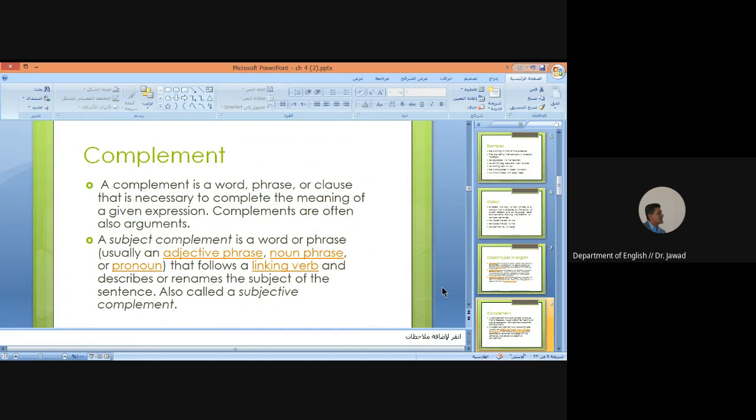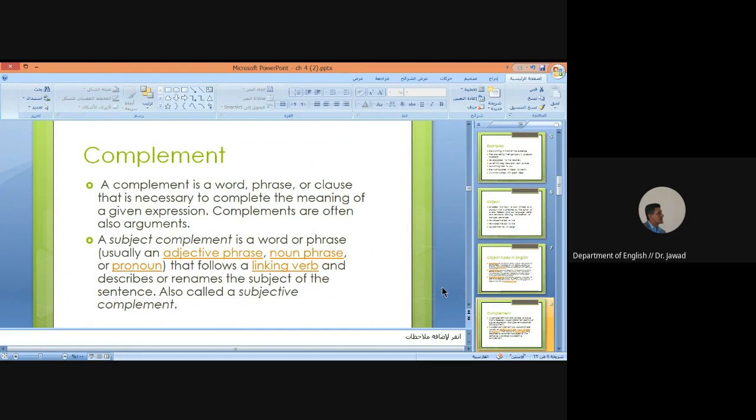A complement is a word or a phrase, sometimes it is a clause, that is necessary to complete the meaning of a given expression.